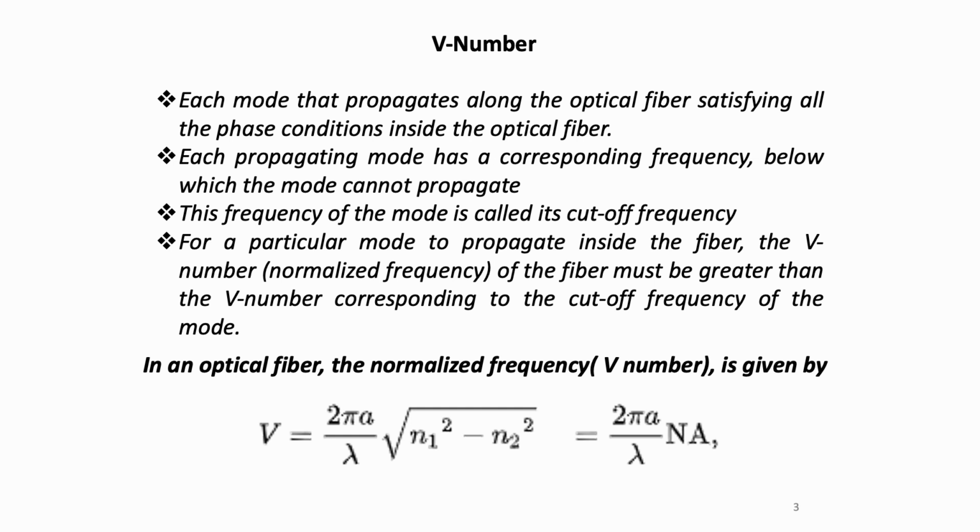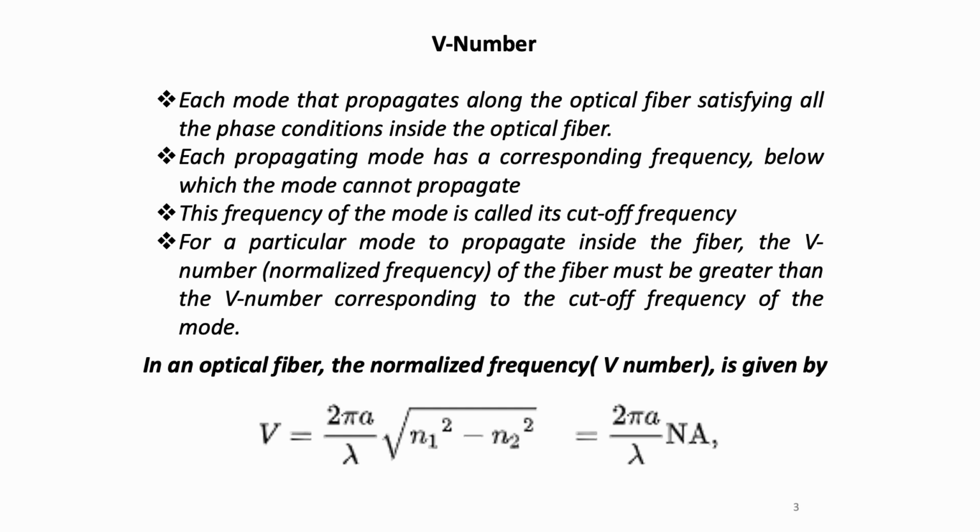Once you understand the cutoff wavelength, the next important thing is the cutoff frequency. Each and every mode has a corresponding frequency, and below that the mode cannot be propagated.